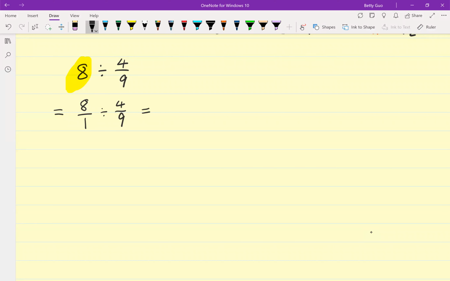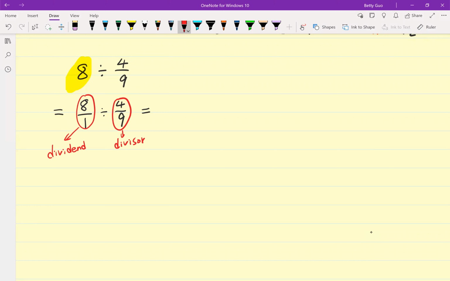The first fraction is called a dividend. That's the fraction in front of the division symbol. The second fraction is called a divisor. It is the fraction right behind the division symbol.